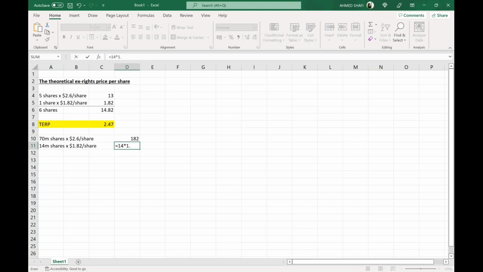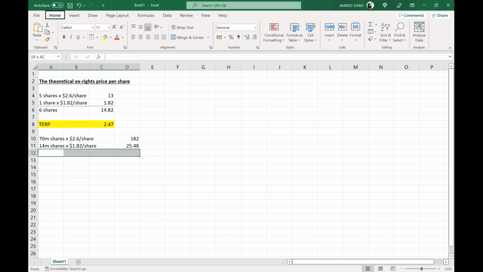That means after the right issue, working in total, the company is going to have 84 million shares and the total value will be 182 plus 25.48, 207.48. So 207.48 is the total value for 84 million shares.